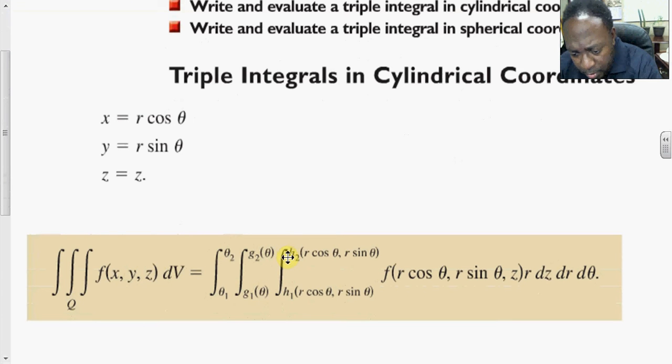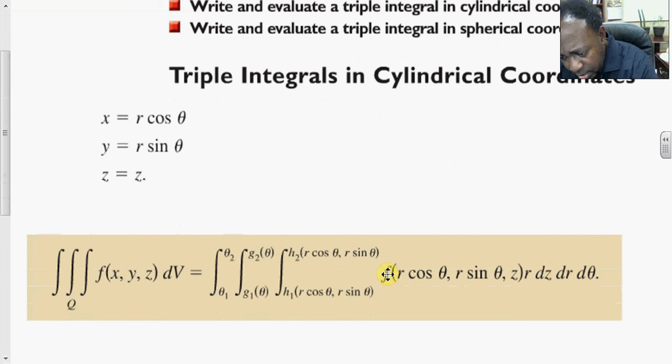And then the integral on the inside, h sub 1 of r cosine theta, which is x, and r sine theta, which is y, to the upper limit of h sub 2, with respect to r cosine theta and r sine theta.